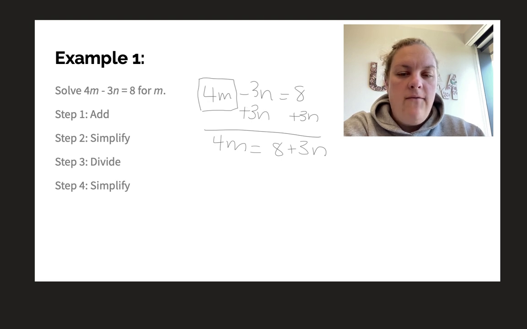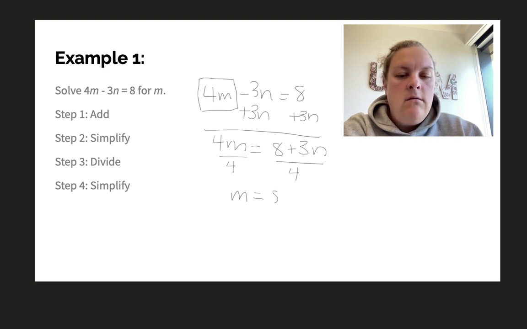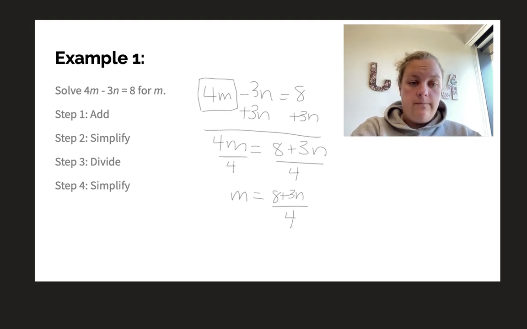And right now, the 4 and the m are attached by multiplication, so we are going to divide both sides by 4. When we do this and simplify, we are left with m equals 8 plus 3n divided by 4. This is our solution.